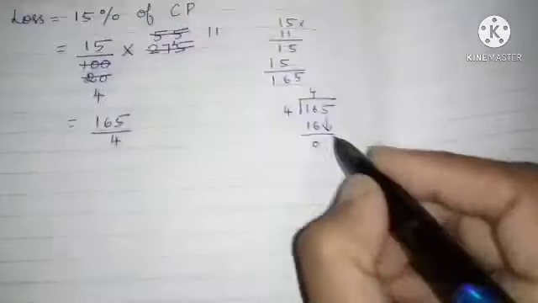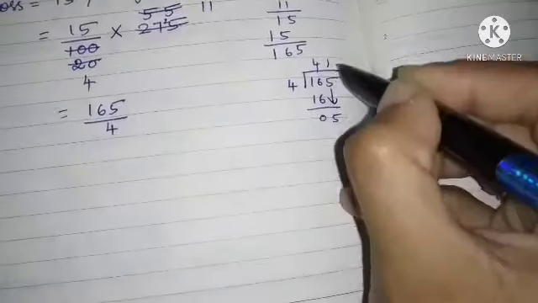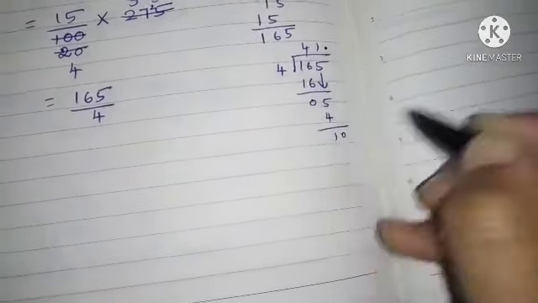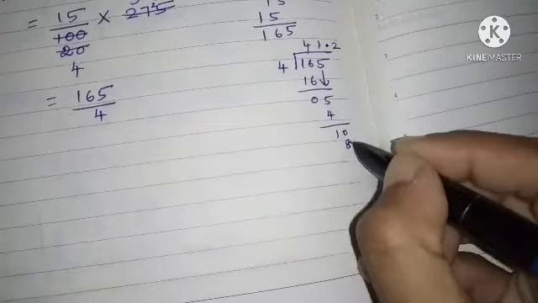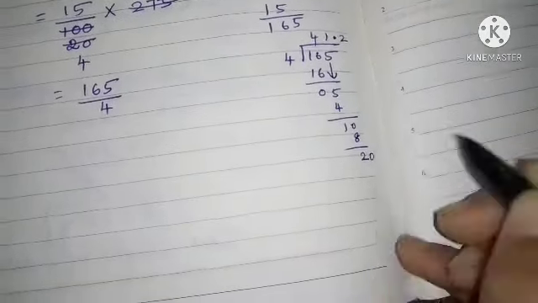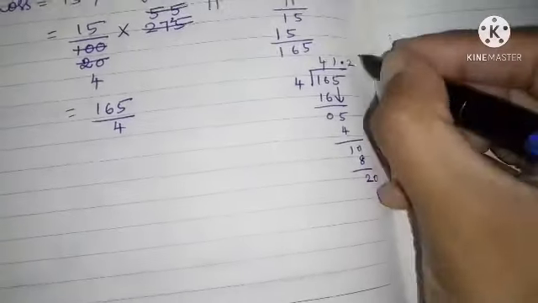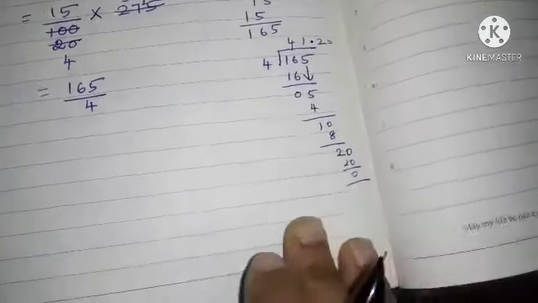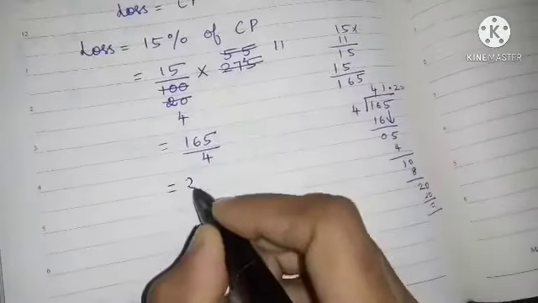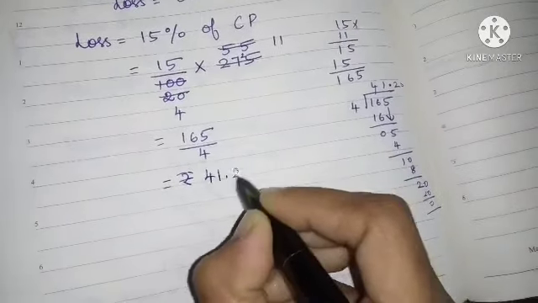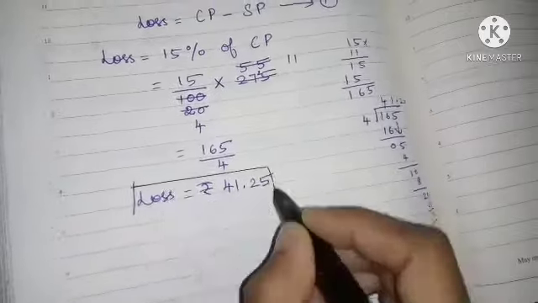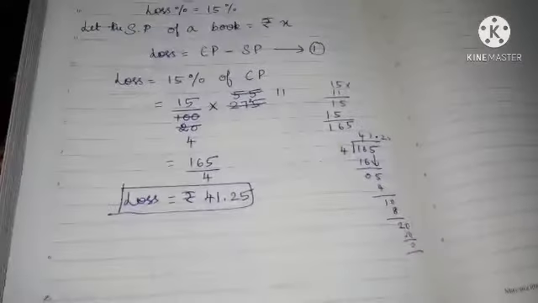Then bring down 5, 4 1s are 4, 4 2s are 8, 4 5s are 20. So what is the loss amount you are facing? 41 rupees 25 paise. So the loss amount is nothing but 41 rupees 25 paise.